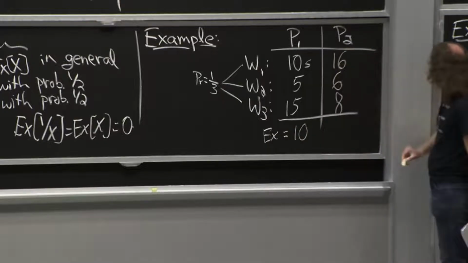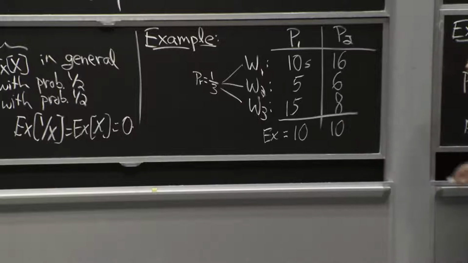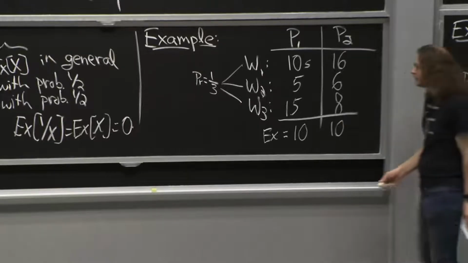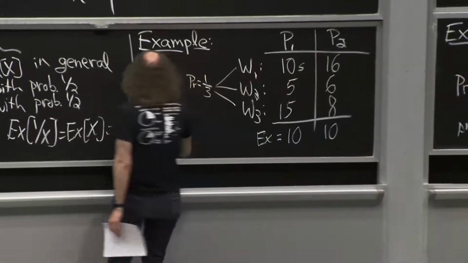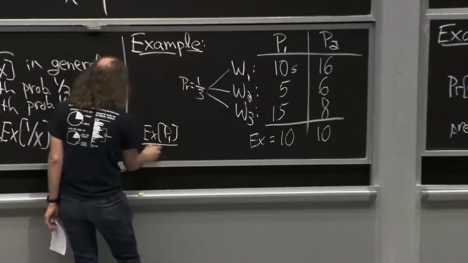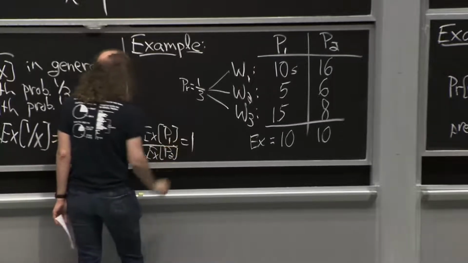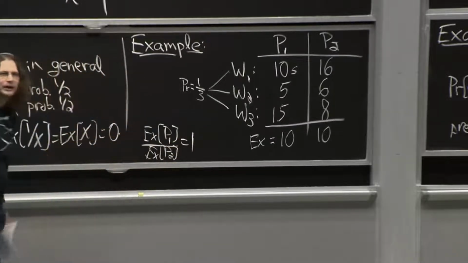And here, it's also 10. OK, so in fact, the ratio of the expectations, which I think is a reasonable thing to do, P1 performance over expectation of P2 performance, is 1. So in fact, these are equally good in expectation.